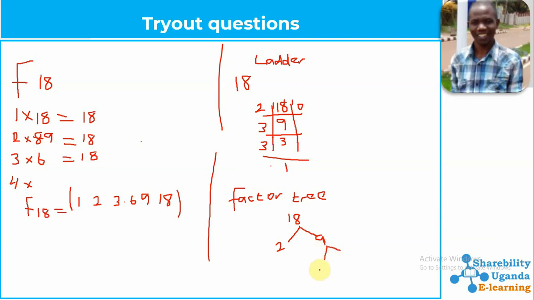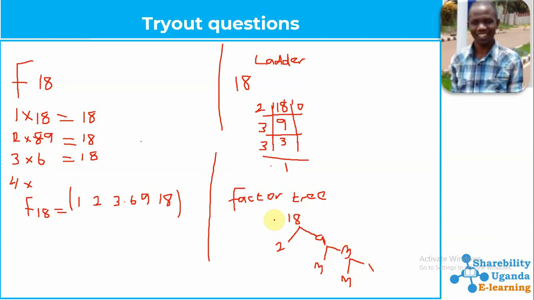You say 9 divided by 3, we shall be able to get our 3. Also here, you say 3 divided by 3, then we shall be able to get 1.